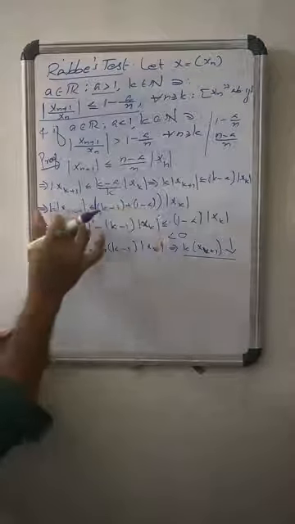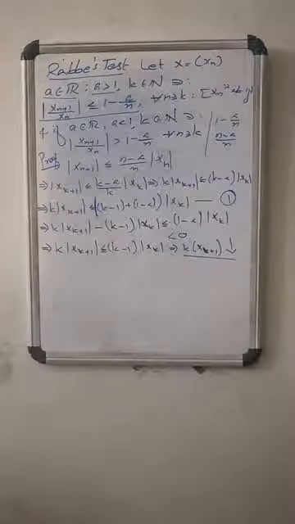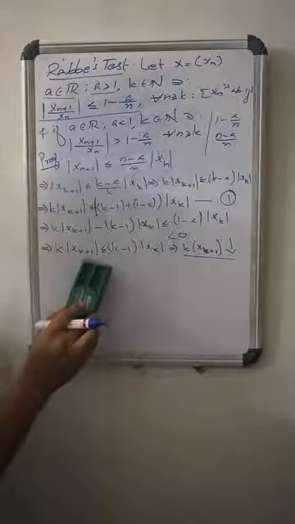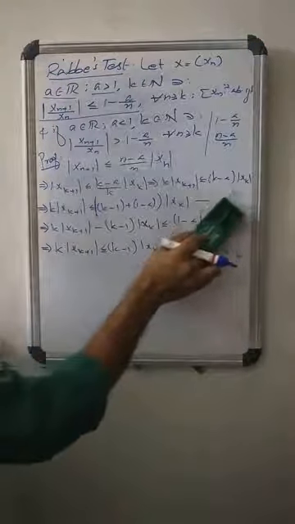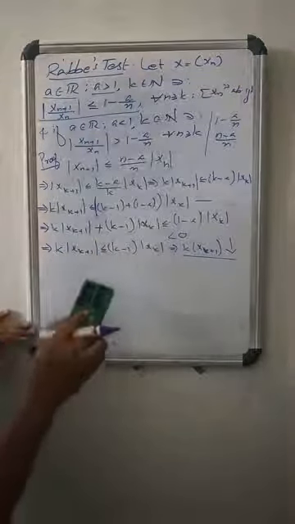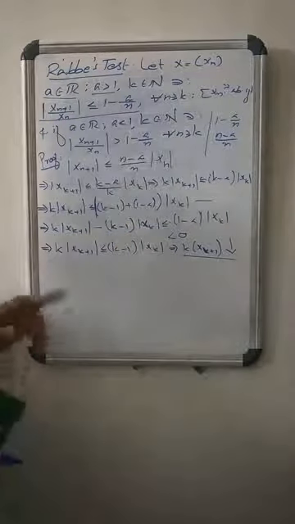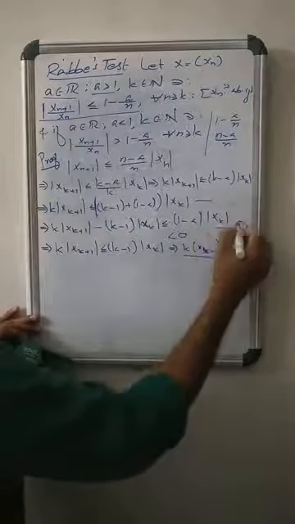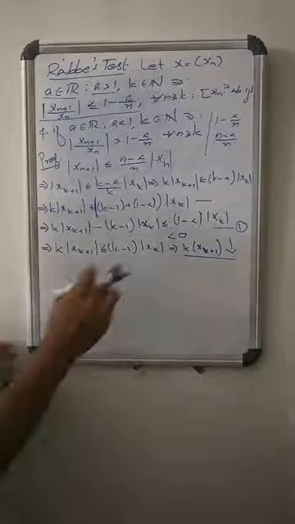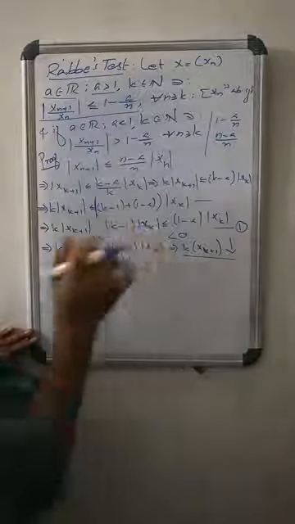Now again, consider this result. Consider this result, and mark it as 1. K into modulus of xk plus 1 minus k minus 1 into mod xk is less than or equals 1 minus a into mod xk. From here, you can multiply throughout by negative.